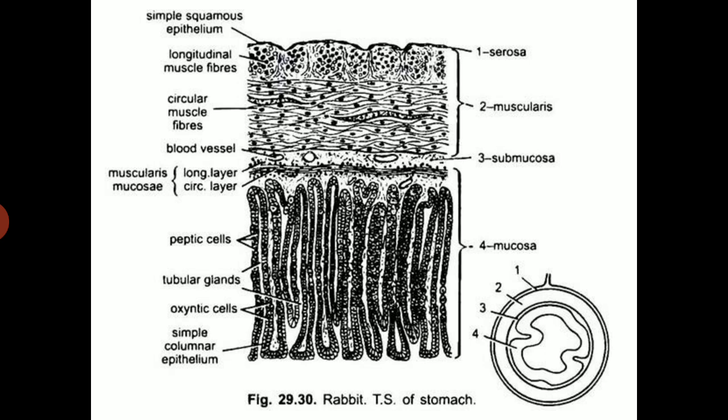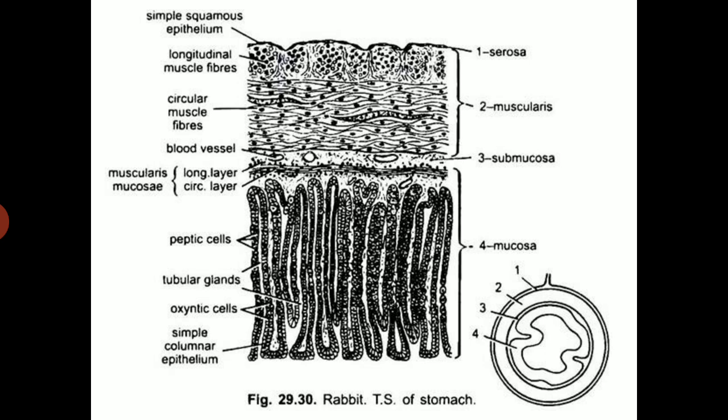Although the walls of the gastric pits are made up primarily of mucous cells, the gastric glands are made up of different types of cells. The glands of the cardiac and pylorus are composed primarily of mucus secreting cells.